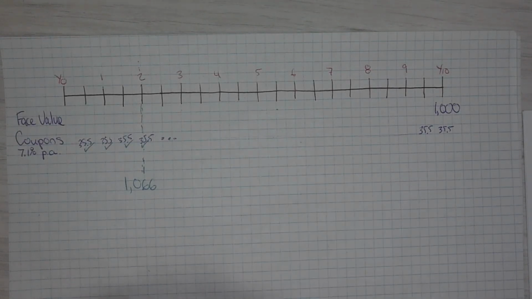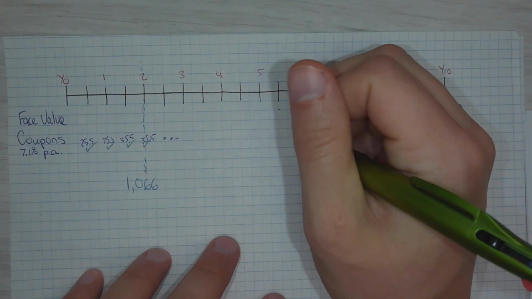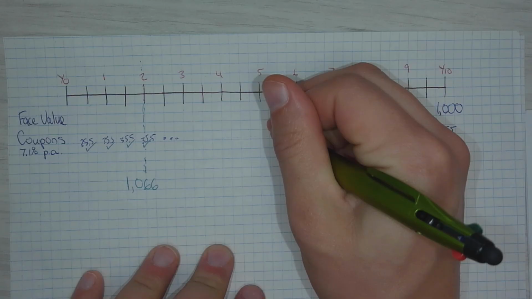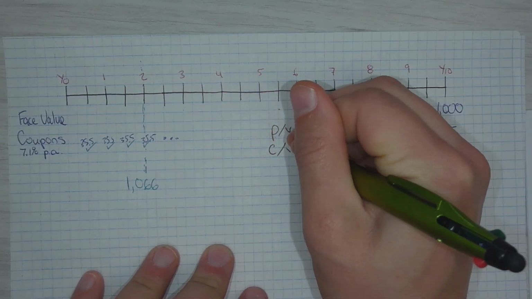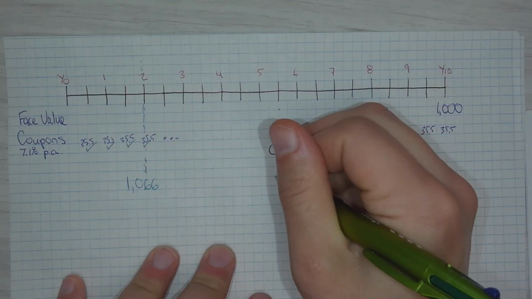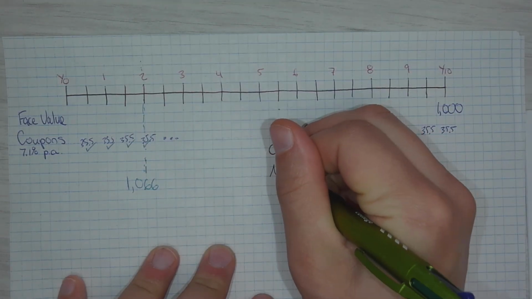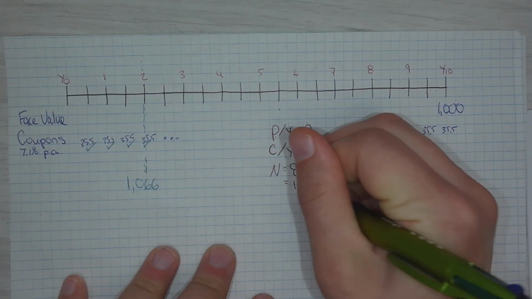So what we can do when we get here is now we need to determine what our interest rate is, or our yield to maturity. So to do that, we just need to take note of a few things. So one, there's 2 payments per year, so our PY is going to be equal to 2. And at that time, we also clear out our interest, so our CY will equal 2. We have 8 years remaining, and there's 2 payments per year, so our N is going to be 16.